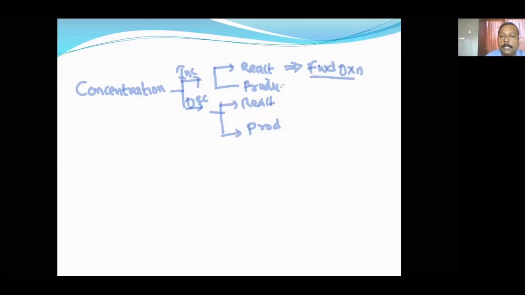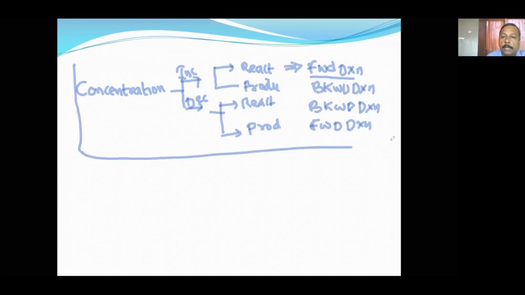If you increase the concentration of product, then it will go in the backward direction. Like this you have to remember the Le Chatelier principle application. The first application is determining the direction of movement of the equilibrium once concentration is changed.